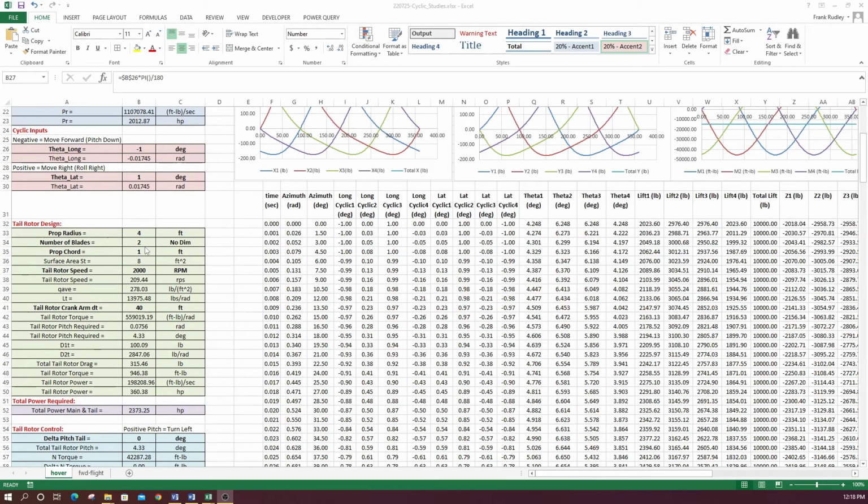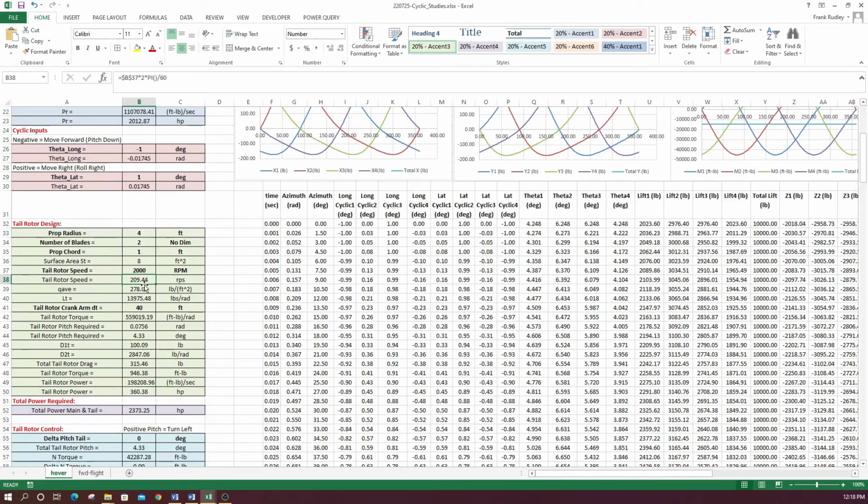Likewise, the things in bold are inputs, and the tail rotor speed is really fast, 2,000 RPM. So I have a surface area of 8 square feet, which is the 4 foot times 1, but there's 2 blades. So I think I have the number of blades times the radius times the chord.